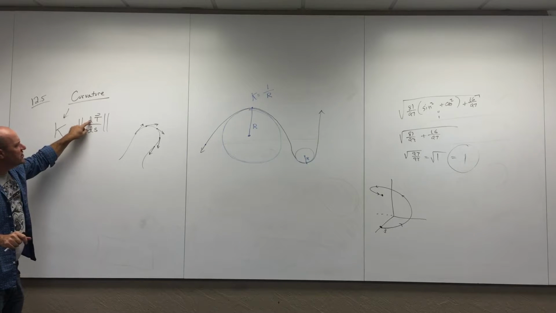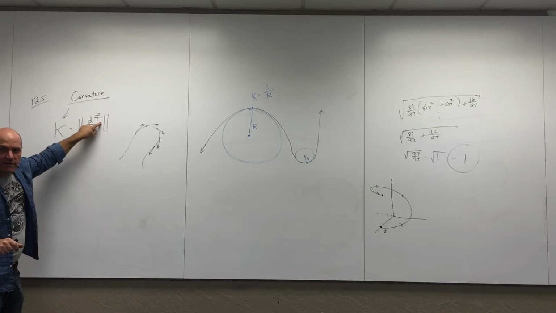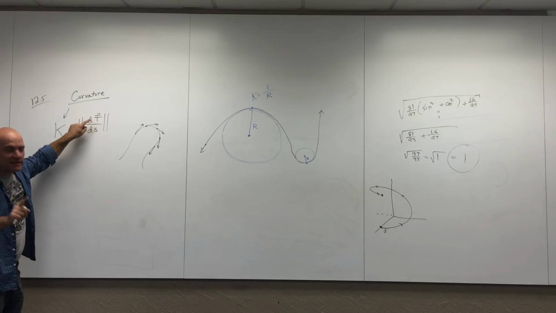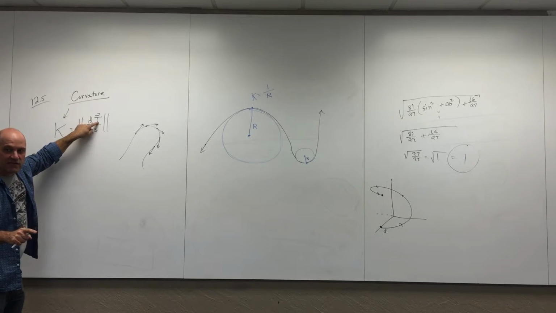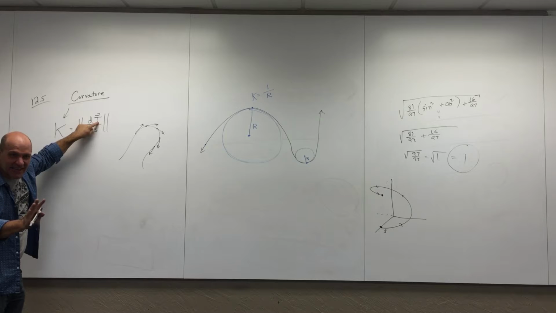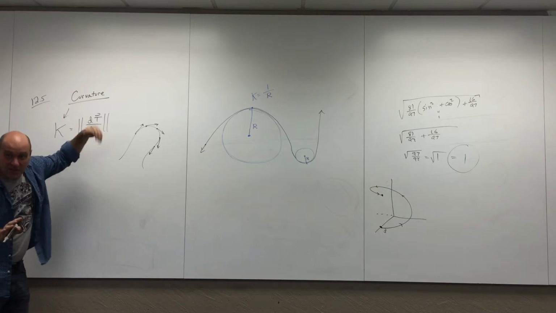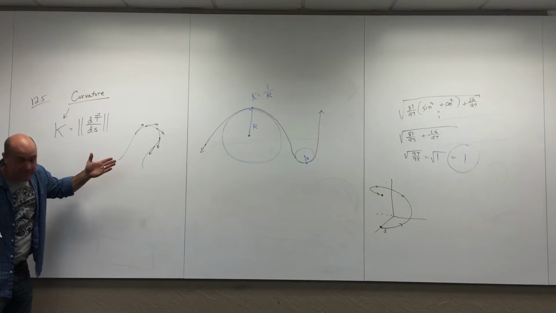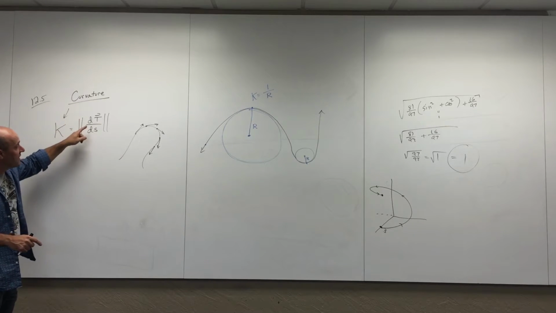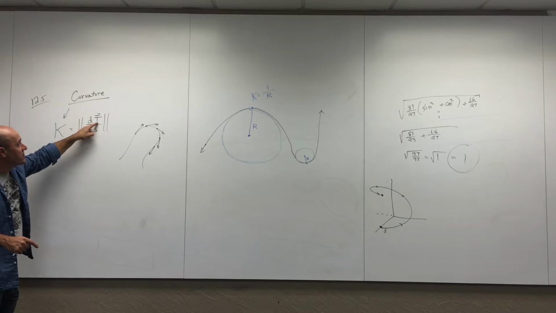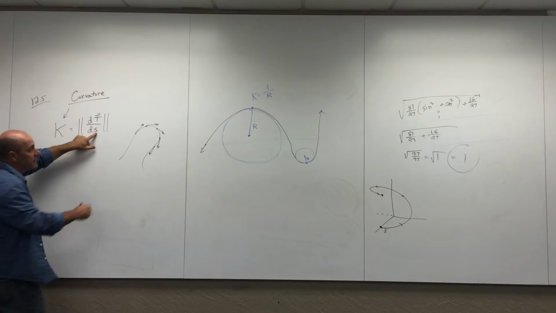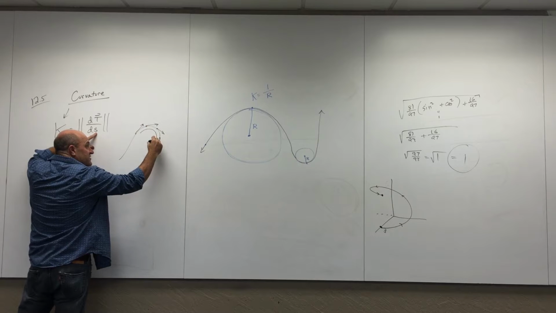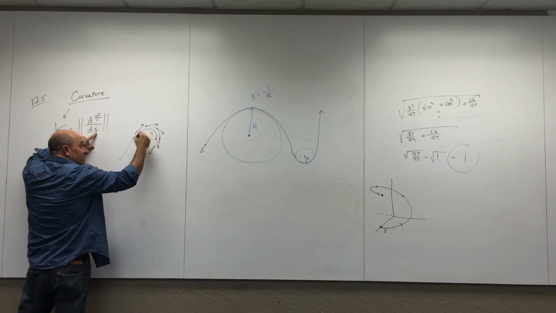So it's the rate of change of the tangent vector, but it isn't changing length. So what's it changing? Direction. It's changing direction. And what this is measuring is how much it is changing direction over a certain length. So there's s.